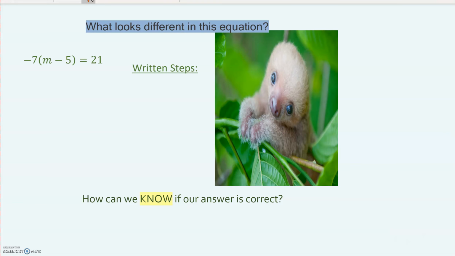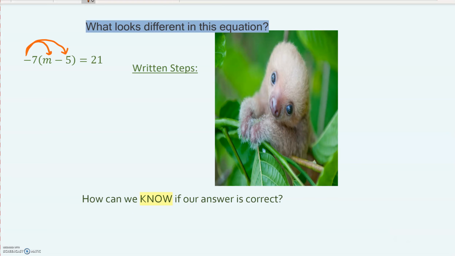And we do that by saying, well, if -7 is next to it, really close like that, that means multiply. So in order to multiply -7, we need to multiply -7 to each term inside those parentheses.